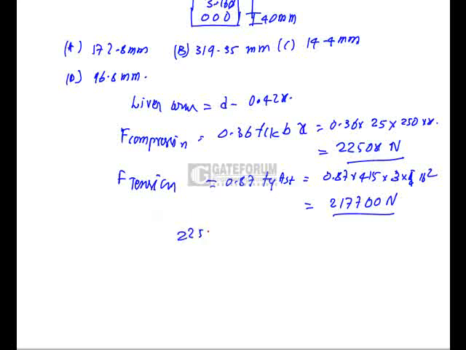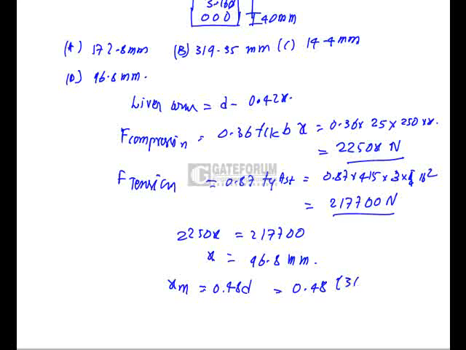So 2250x is equal to 217700. x is equal to 96.8 millimeters. xu max is equal to 0.48 d for this steel, that is 0.48 into d, 360, that is equal to 172.8 millimeters, which is greater than actual x.